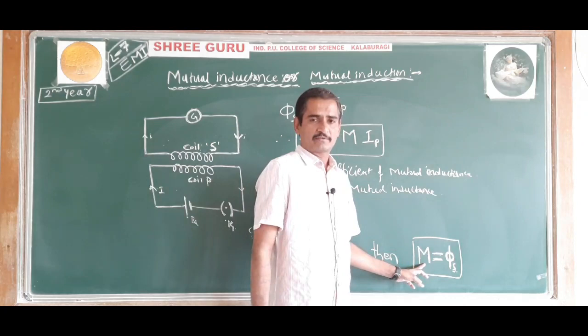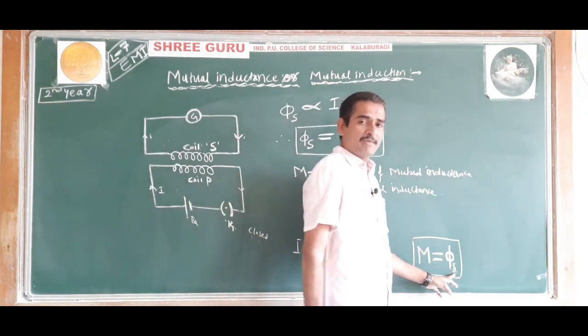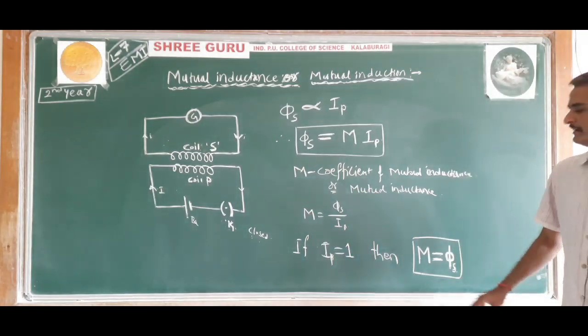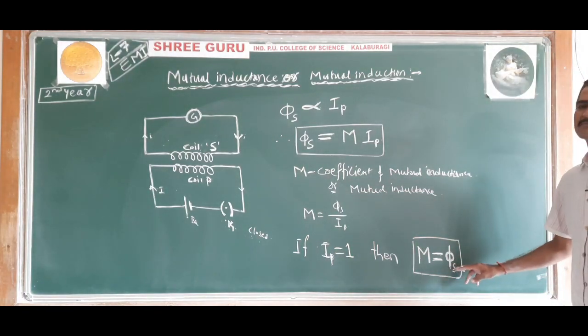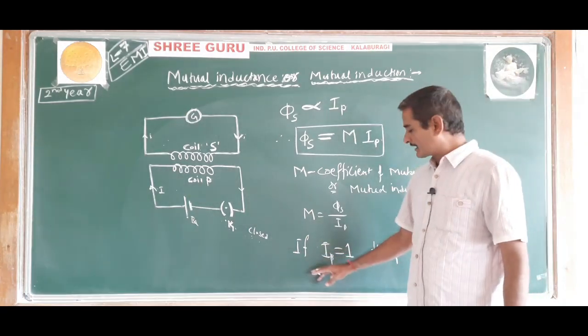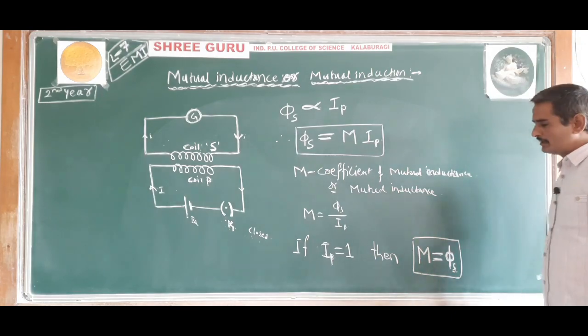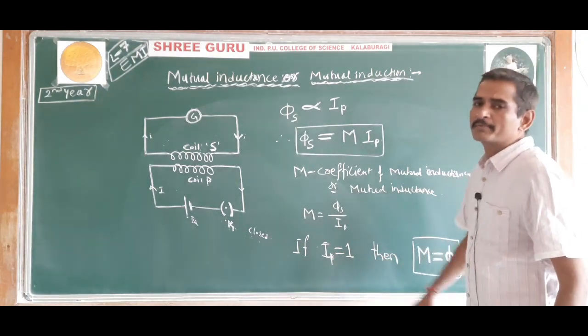Mutual inductance of a pair of coils is defined as the magnetic flux linked with the secondary coil when current through the primary coil is unity.